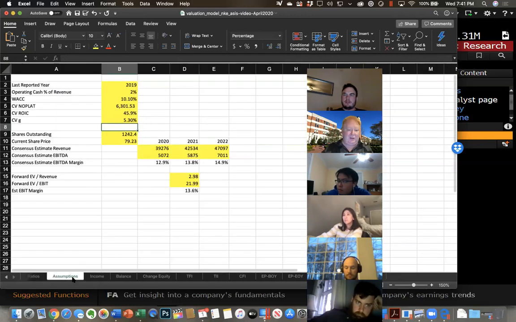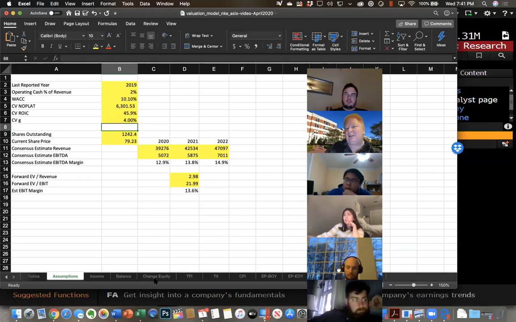And oh, by the way, longer term, they're not going to grow nearly as fast. So they're going to grow 4% a year longer term. It's going to be a much more difficult road coming out of this great recession. Athleisure is really going to suffer. People are never going to buy that type of clothes at the same rate. I think there's going to be more competition and people are going to be less worried about brands, especially after a couple of years of not being able to pay for the brands.